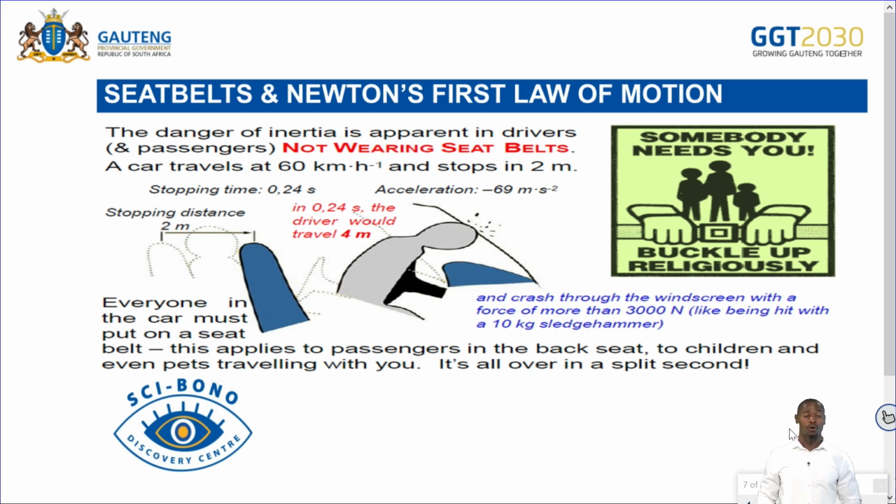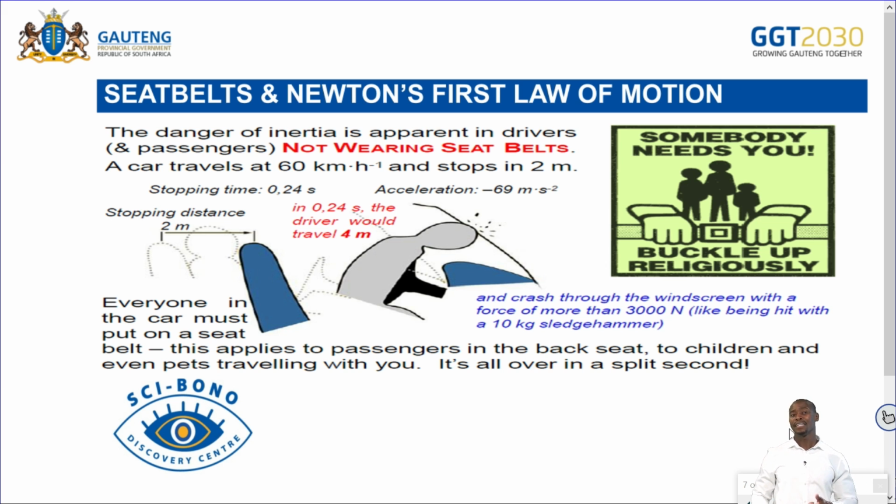Remember, if a car is moving at 100 kilometers per hour, you're also moving at 100 kilometers per hour. The driver himself or herself is moving at that speed, and you want to continue moving at that speed. Even the car wants to continue moving at that speed, because of inertia.